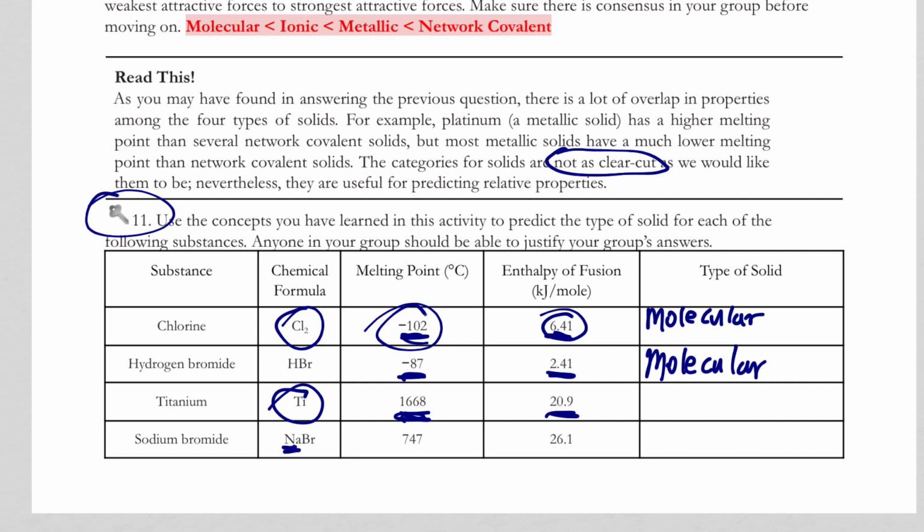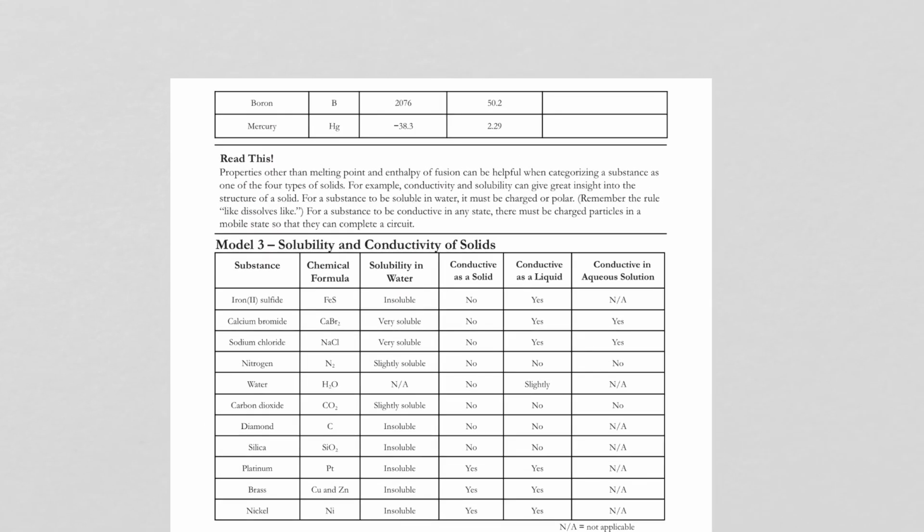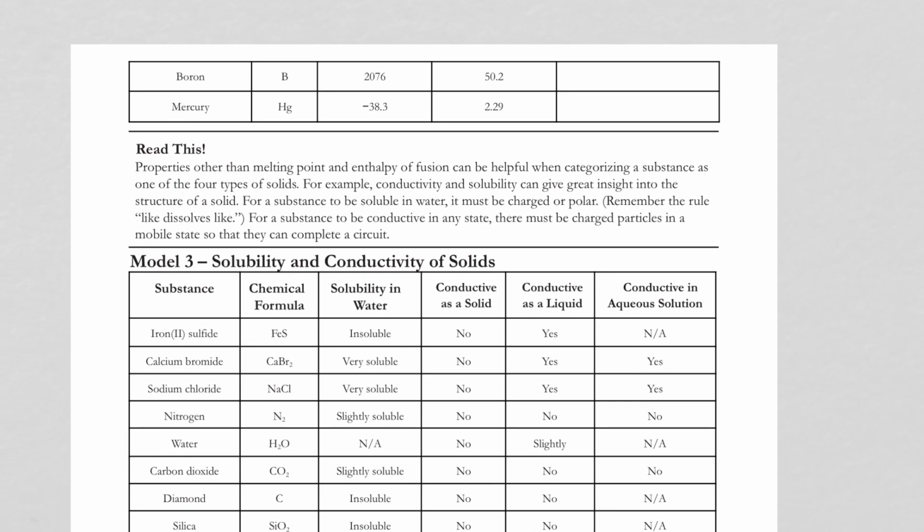Sodium bromide has a slightly lower melting point, but a slightly higher enthalpy of fusion. What could that be? I'm going to be checking number 11 for you folks as well. And then the last two examples: boron, which has a very high melting point at 2076 and 50.2 kilojoules per mole of enthalpy of fusion.